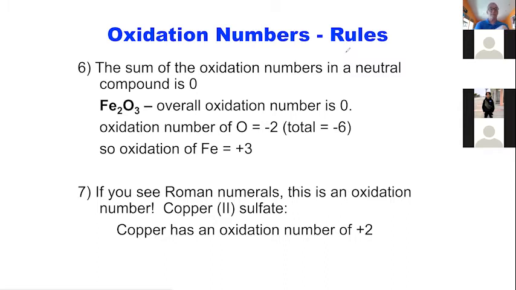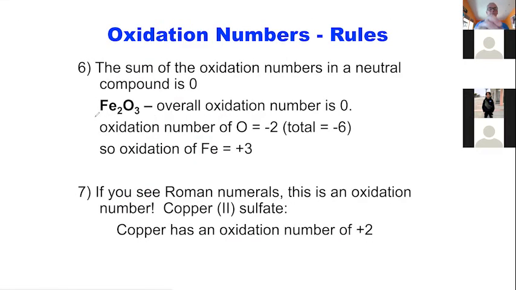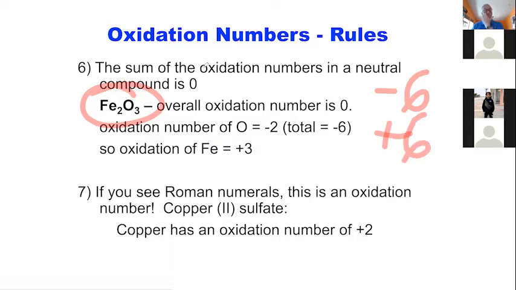So here we have iron(III) oxide. How do we know it's iron(III) oxide? Well, because we know that oxide ion is -2. There's 2 irons. So if we have a -6 for the oxygens, we have to have a +6 for the irons, because they have to add up to 0.